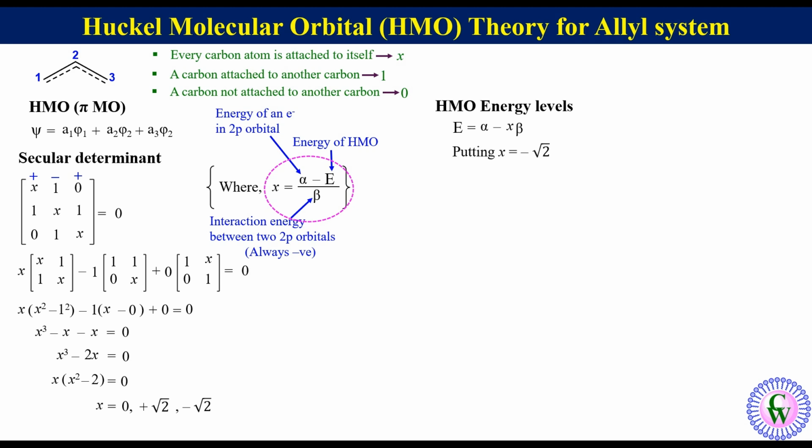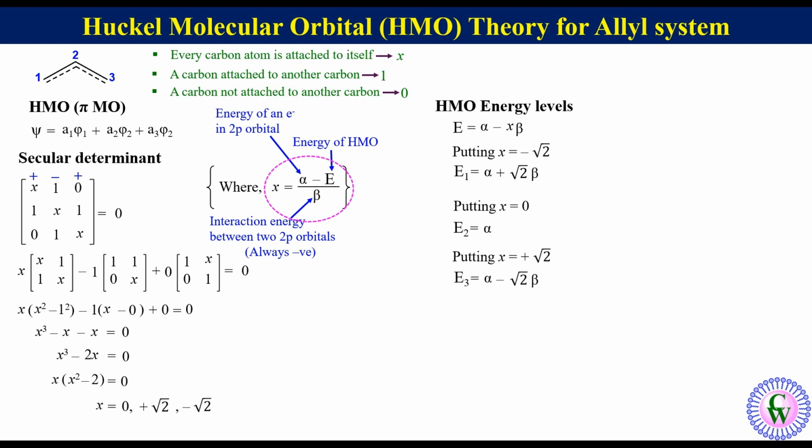Putting x is equal to minus root 2 will give E1 is equal to alpha plus root 2 beta. Putting x is equal to 0 will give E2 is equal to alpha, and putting x is equal to plus root 2 will give E3 is equal to alpha minus root 2 beta.